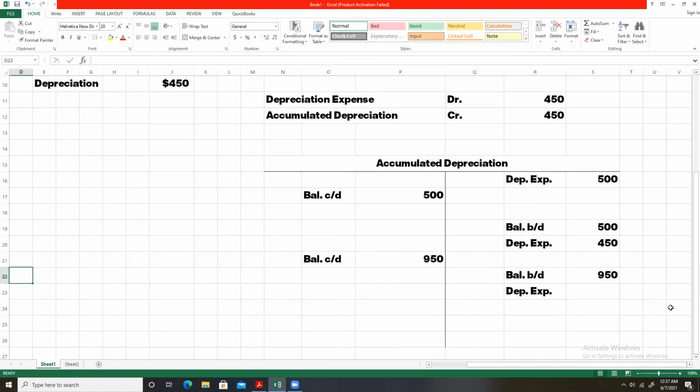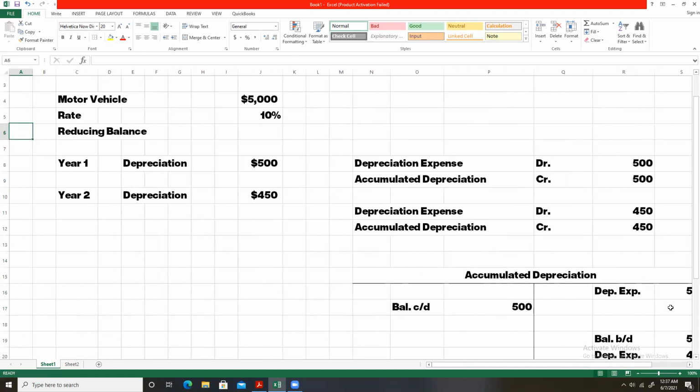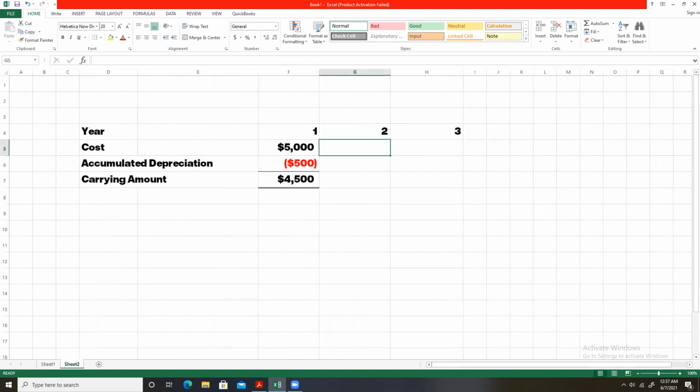What will happen in the third year? How much depreciation will be charged in the third year?